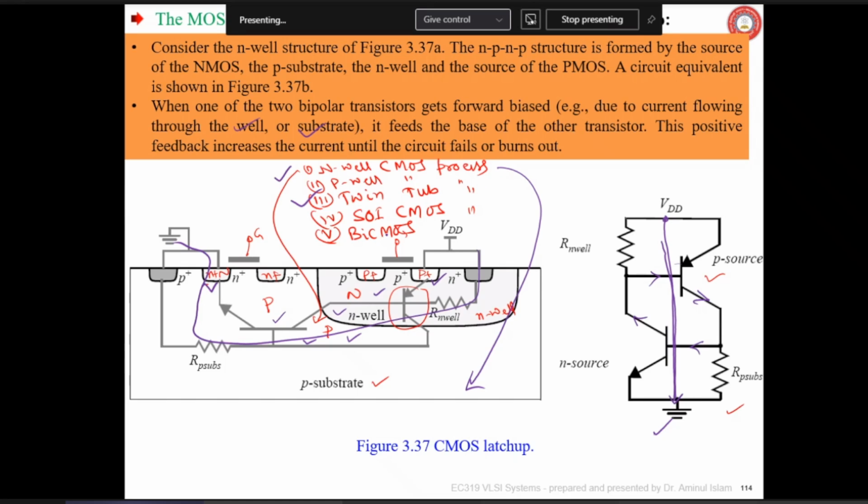So nowadays, of course, that is avoided because MOSFET has become faster than BJT. And nowadays, this is the dominant CMOS process, the SOI CMOS process. Sometimes we'll discuss it, not now.